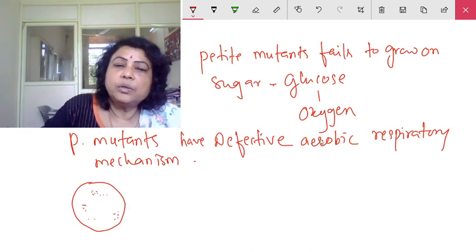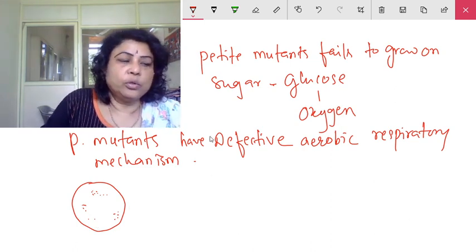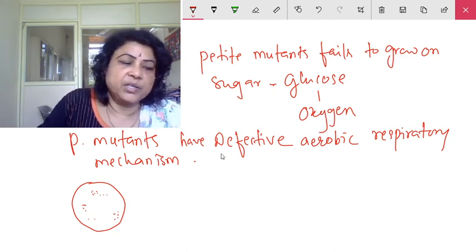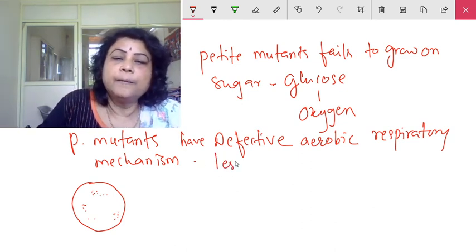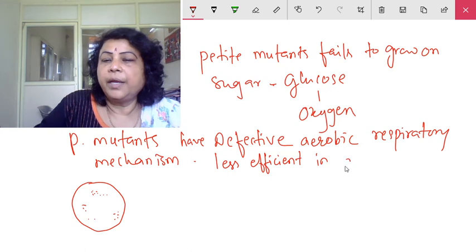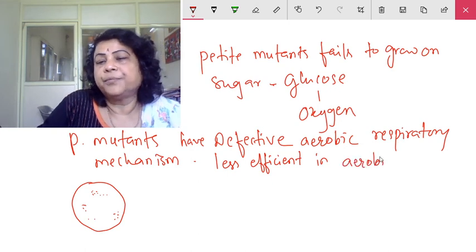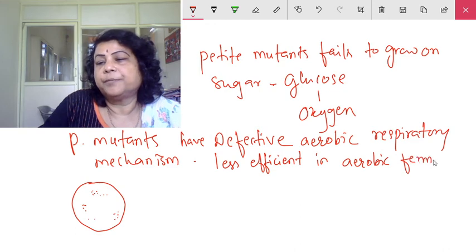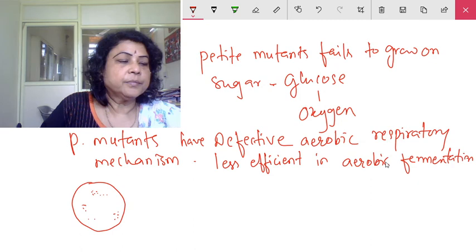Okay. So their slow growth indicates that they are less efficient in aerobic fermentation.